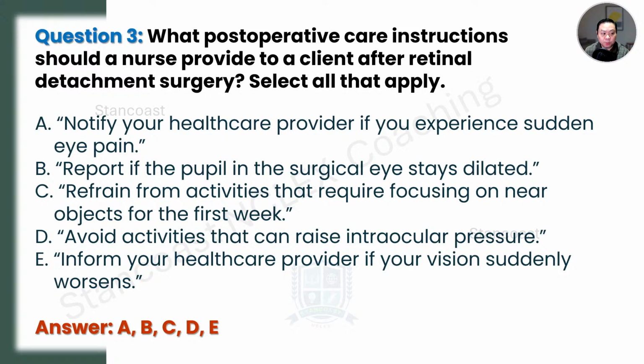And same thing with letter E. A sudden decline in the vision can also be a signal that there is failure in the repair. So this is supposed to be reported to the surgeon as well.